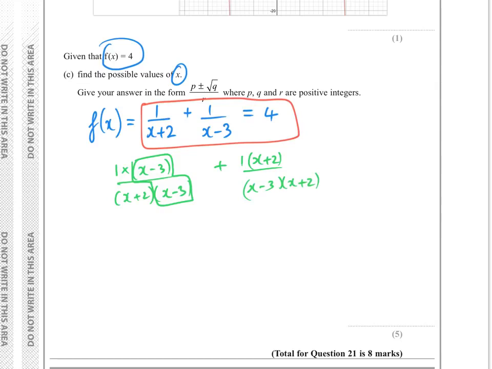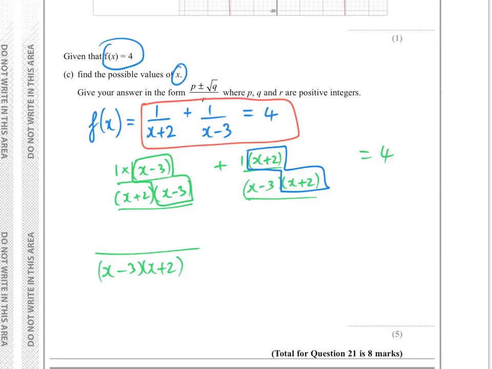Again, that's like timesing by 1 because x plus 2 divided by x plus 2 is 1. And that's going to be equal to 4. So I have a common denominator now of x minus 3 times x plus 2. And what do I have on my numerator?